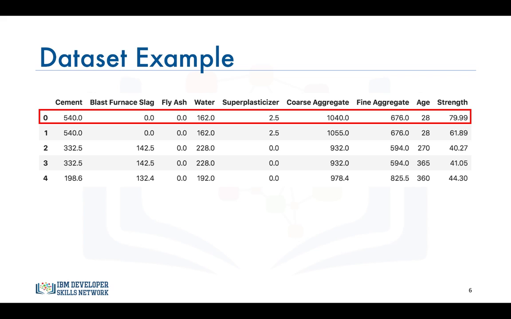Such a concrete mix, which is 28 days old, has a compressive strength of 79.99 megapascals. The data is in a pandas data frame and named concrete data.